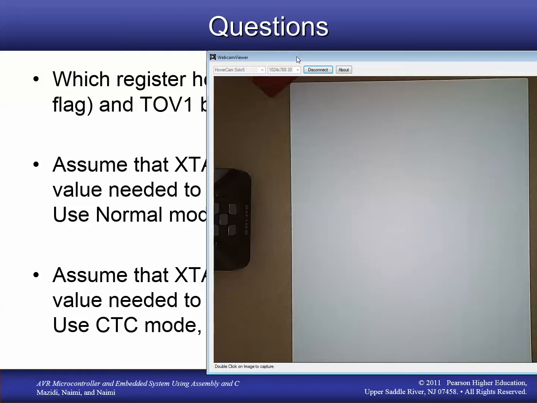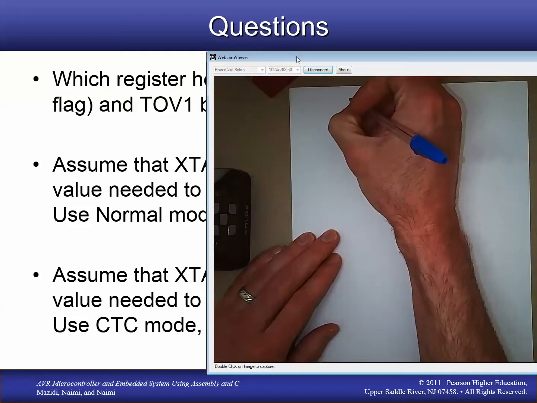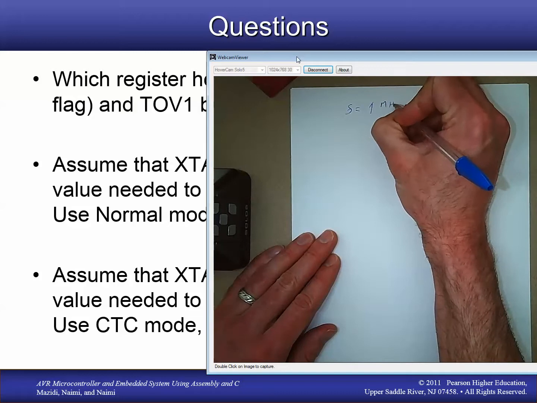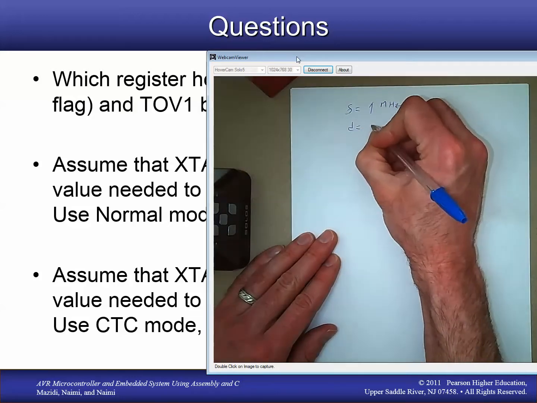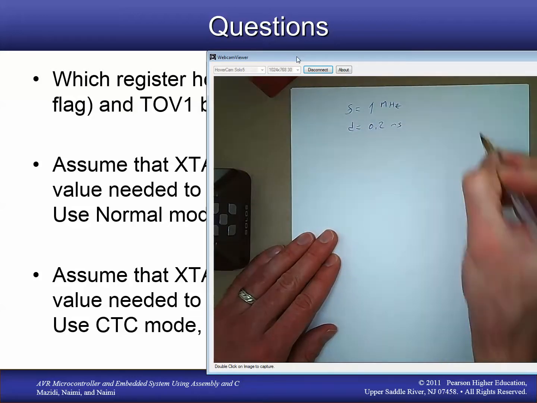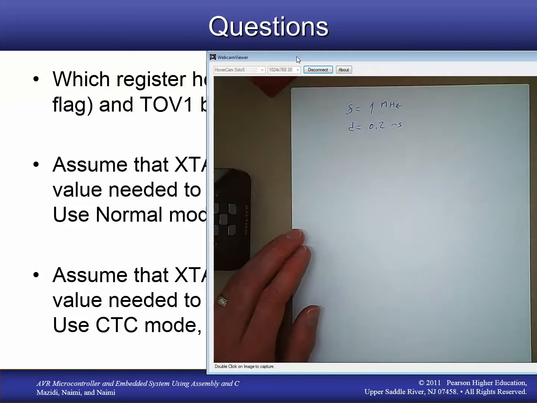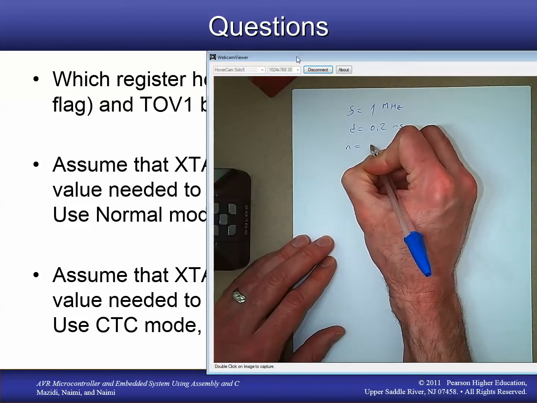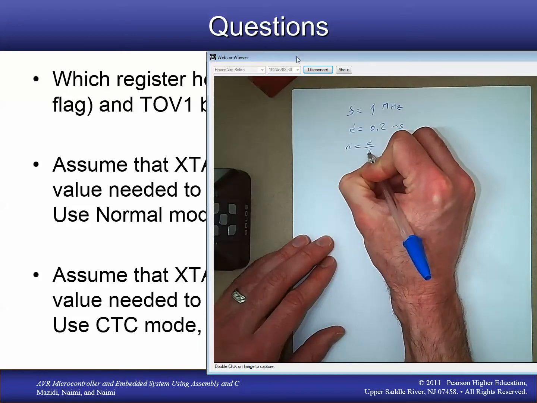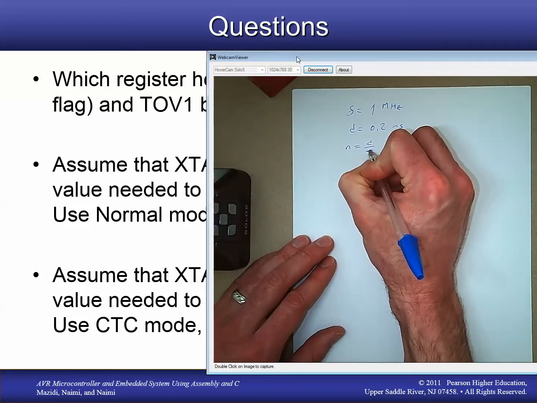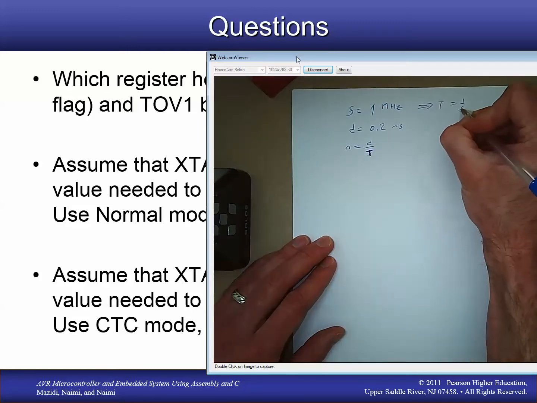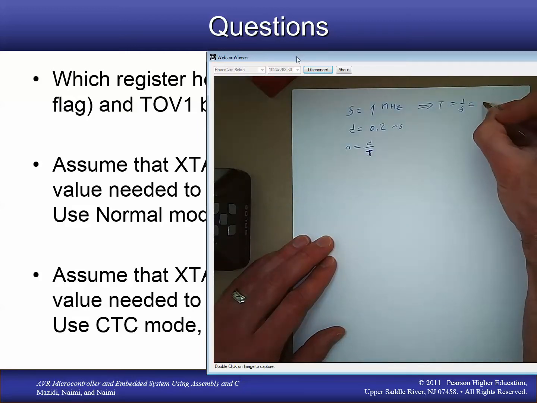Okay, so f is 1 megahertz. The delay is 0.2 milliseconds, and we want to know what value we need to write to OCR0. So that value is the number of pulses, and that's the delay divided by the period. So period is 1 over f, so that's 1 microsecond.